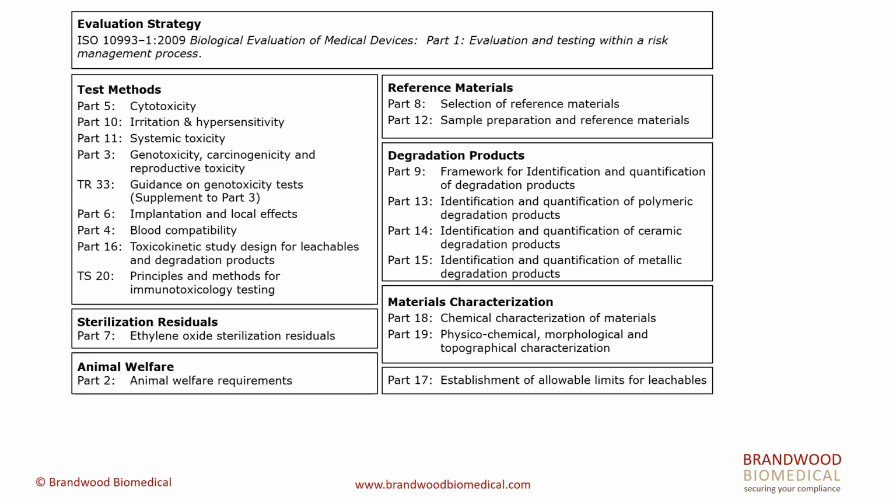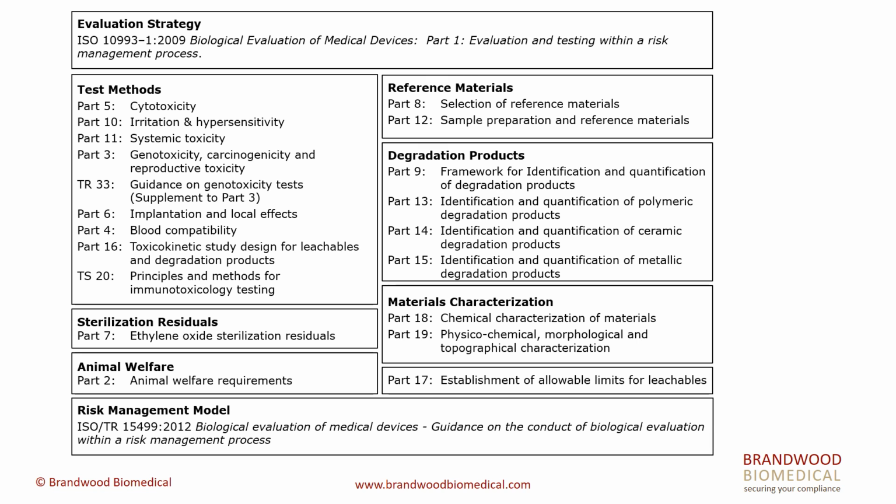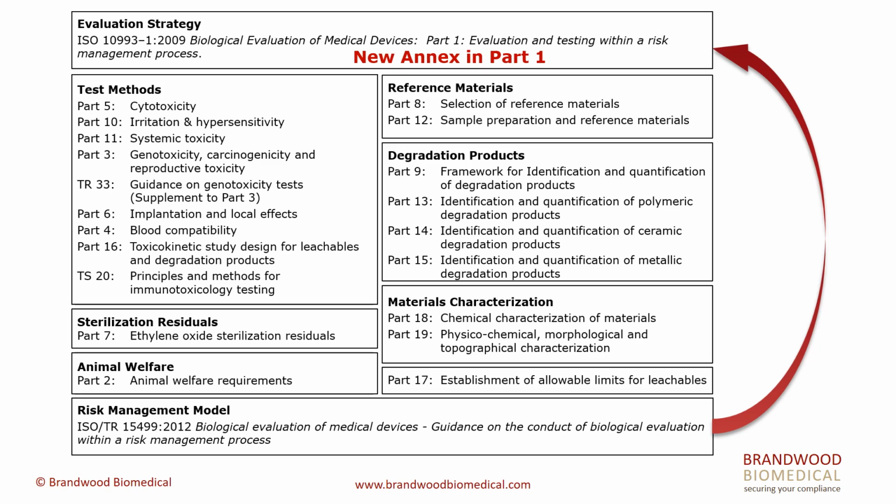And then finally there is a technical report, 15499, which provides guidance on how to conduct a biological evaluation within a risk management process and using this body of standards. This guidance, by the way, is now being written into the new version currently in draft. It will become an annex of the new Part 1, which is currently being worked on by ISO Technical Committee 194.